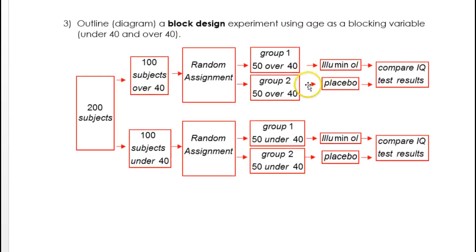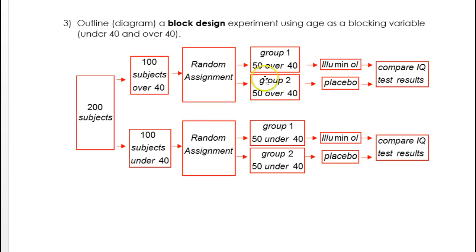If we know that there's a variable that's going to react differently under a certain treatment, for example, if we know that Illuminol has a much greater effect on younger subjects rather than older subjects, then we might treat age, or gender or anything, as a blocking variable, meaning instead of just having those different types of people all mixed together, you'll basically run the experiment twice.